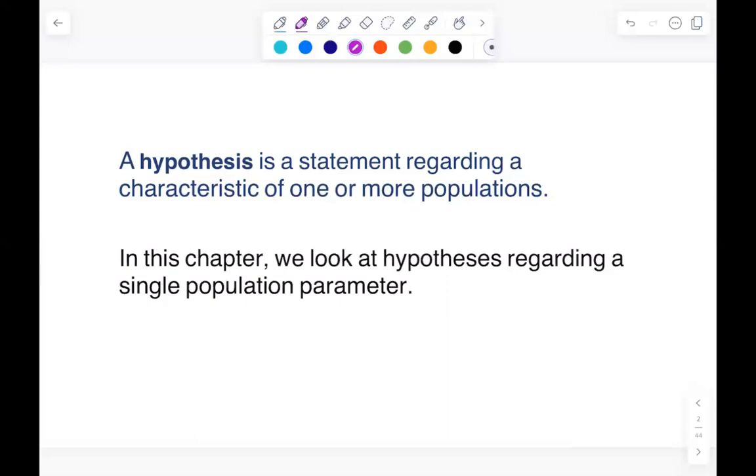We're going to look at a single population parameter, like just the mean or just a proportion. We're not going to be going into 2 or more. That's something that could happen in 244, but here in stats 243, we're just going to stick with the basics.